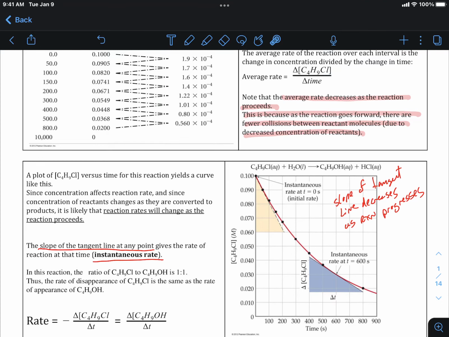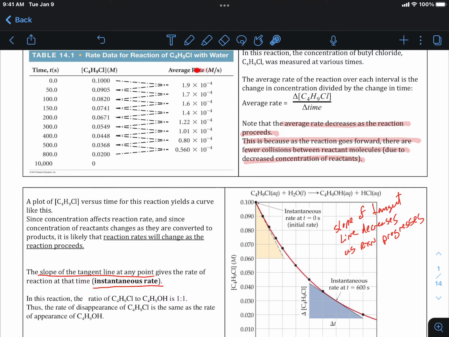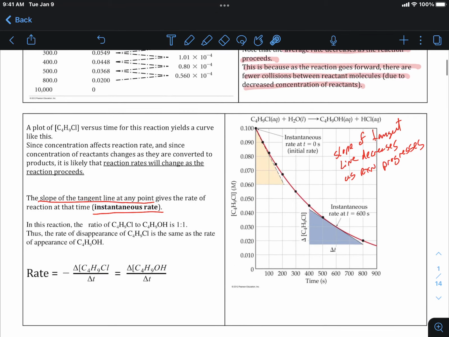If we're defining the rate as the change in the concentration of the reactant over time, and if you know this rate, stoichiometrically, you also know the rate at which the product is forming, because the coefficient of C4H9Cl is 1. The coefficient of the butanol is 1, right? So the rate of the decrease is equal but opposite to the rate of the increase of the product. And that's what we're describing right here.